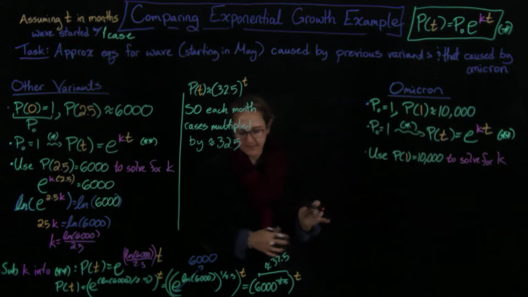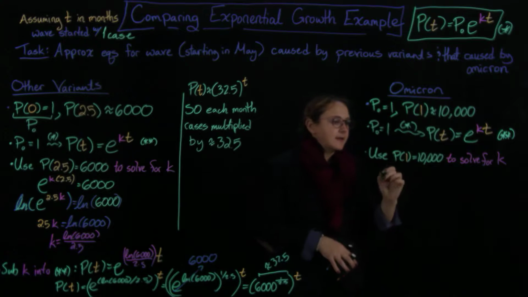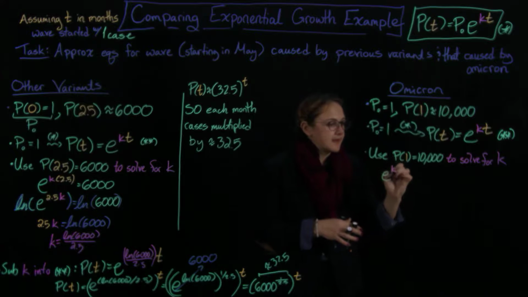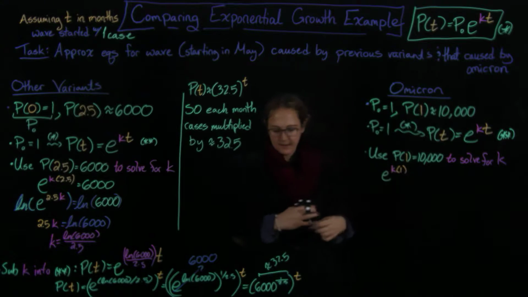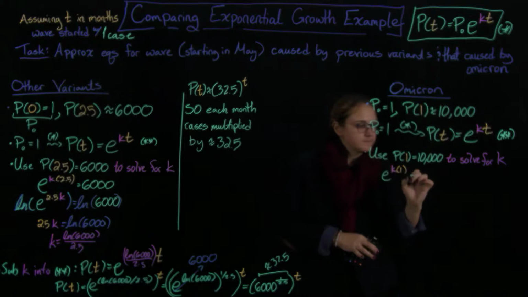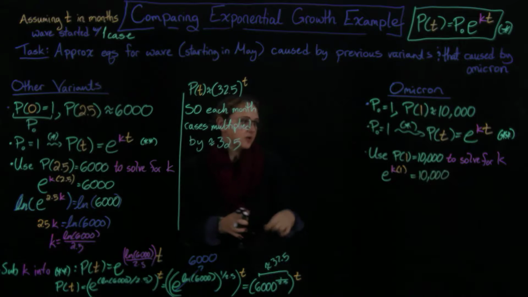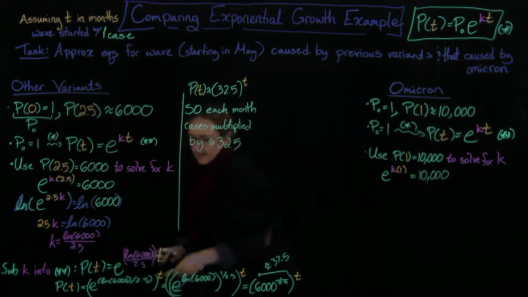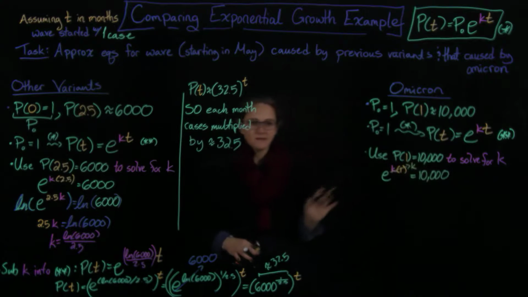Okay, so we'll go ahead with that. So on this side, we have the e to the k, but then we're just multiplying by 1, and that is going to equal 10,000. Again, we're going to take the natural log of both sides, and we're going to recognize here that k times 1 is just k.